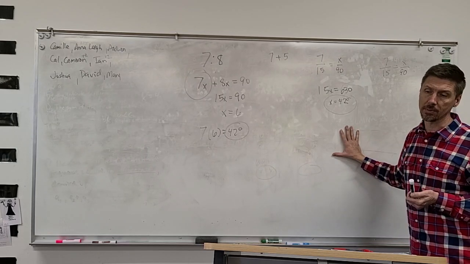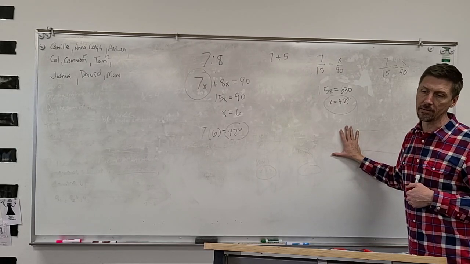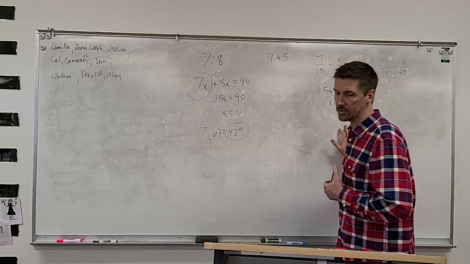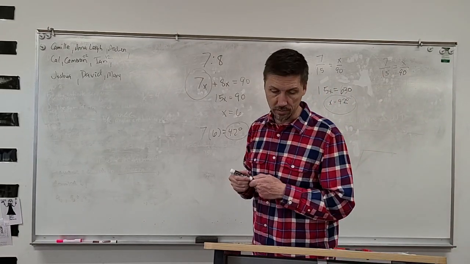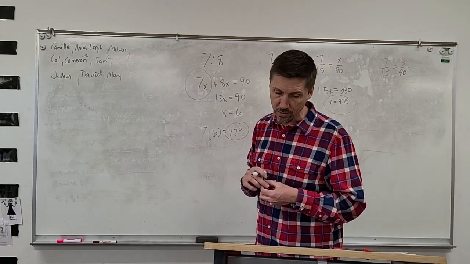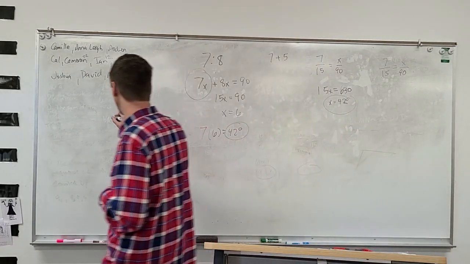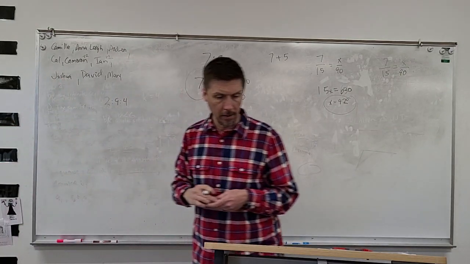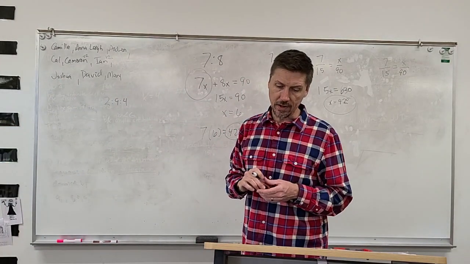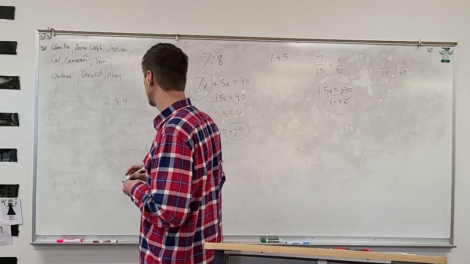Depending on how complicated the problem gets, one way may end up proving itself to be easier than the other. Take, for example, the next one. The ratio of the measure of three angles in a triangle is 2, 9, 4, and we're trying to find the measure of all the angles.